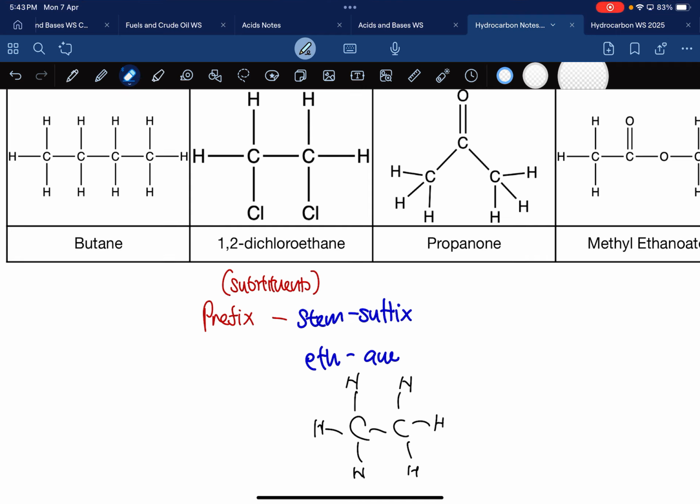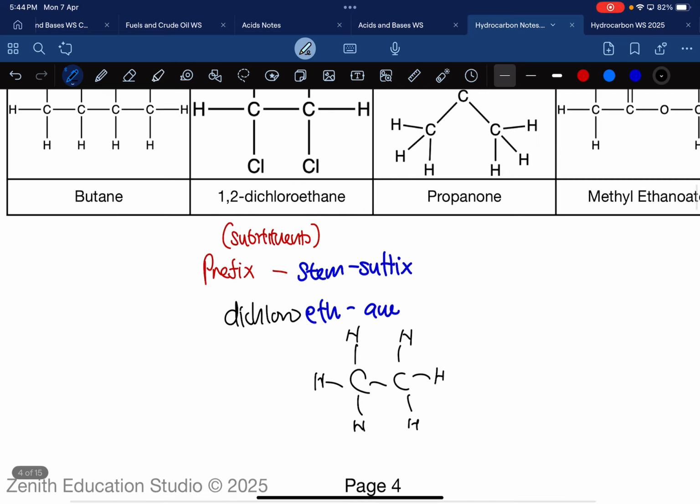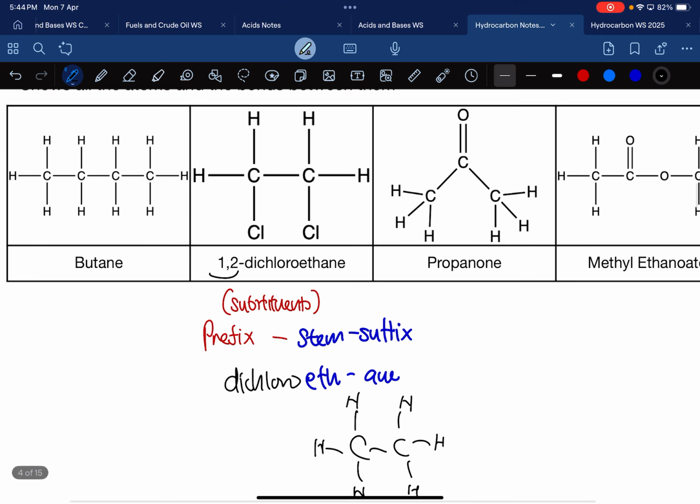How many chlorine atoms are coming in? 2. 2 is dichloro. Then 1 and 2 tell you where they are substituted. Which carbon atoms? First and second. Dichloroethane.